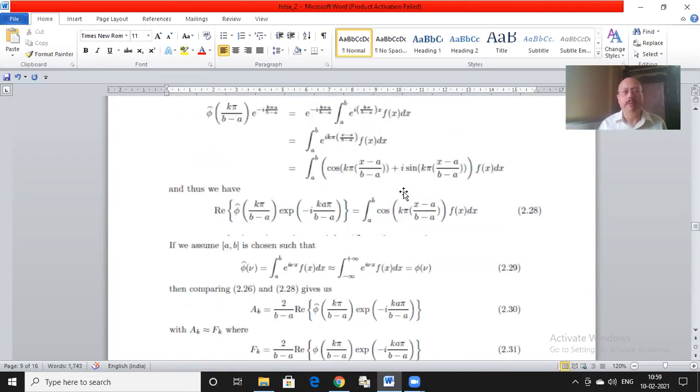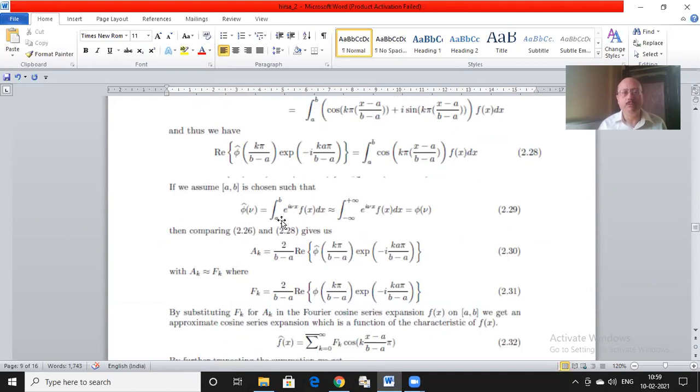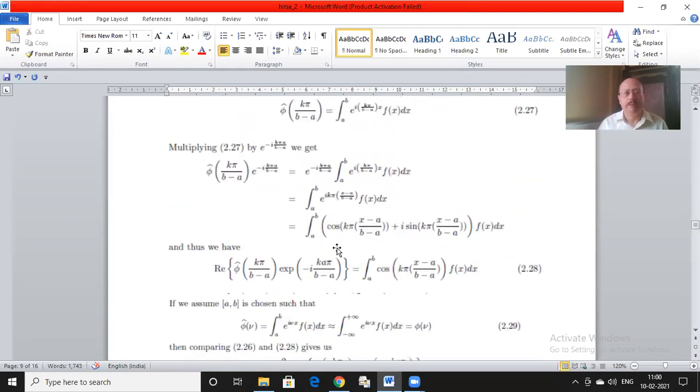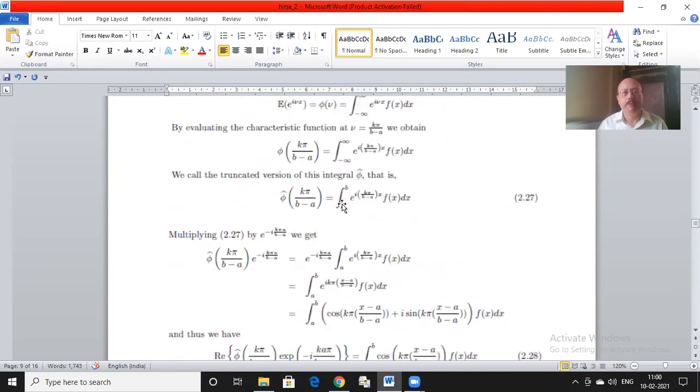And if I assume that these two integrals are very close to each other, then I can also say that I can take AK equal to this real part of phi hat, and safely make the assumption that this AK will be equal to the correct expression, where the correct expression is actually given by phi instead of phi hat, because phi hat is where we made the truncation, and phi was the actual expression.